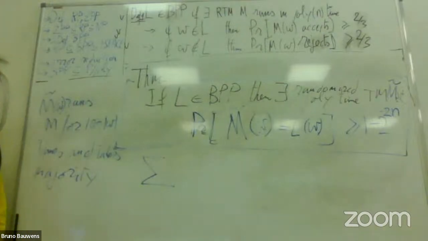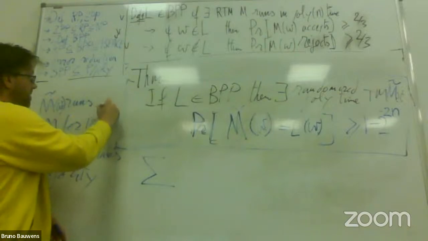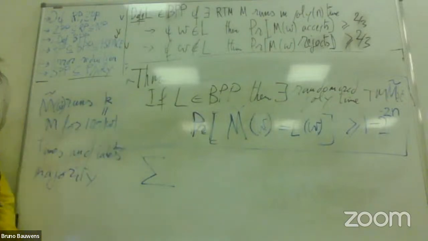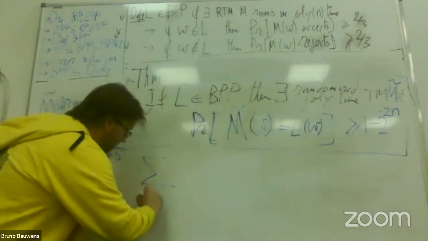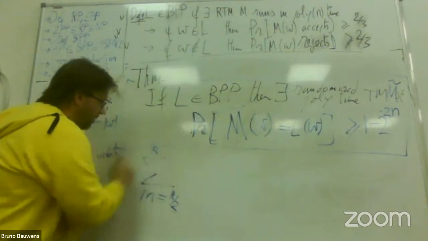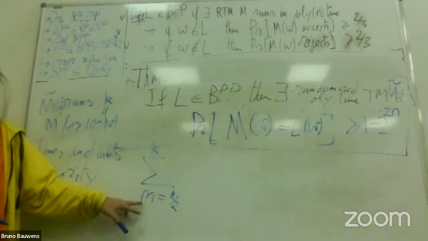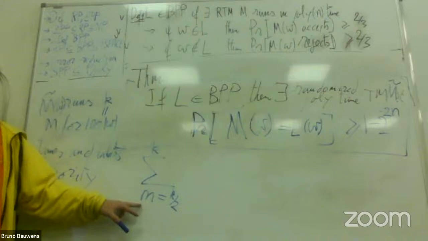We have to bound the probability that we have at least K over 2 mistakes. So let us consider M from K over 2 to K mistakes. Let's fix M: the probability of having precisely M mistakes.